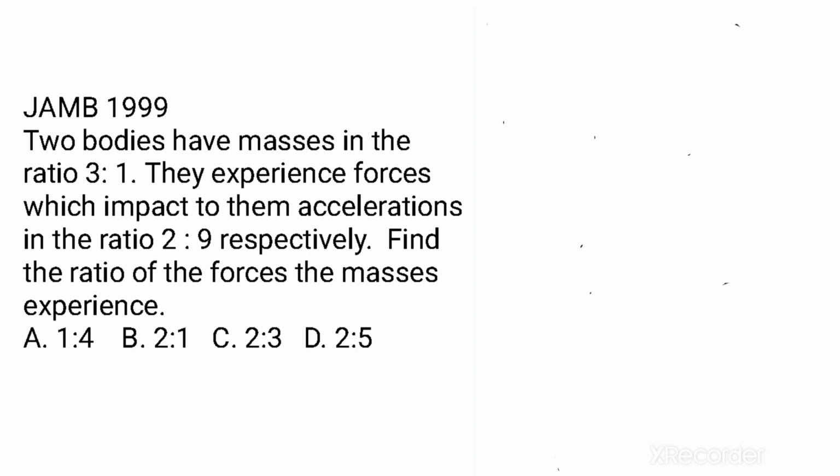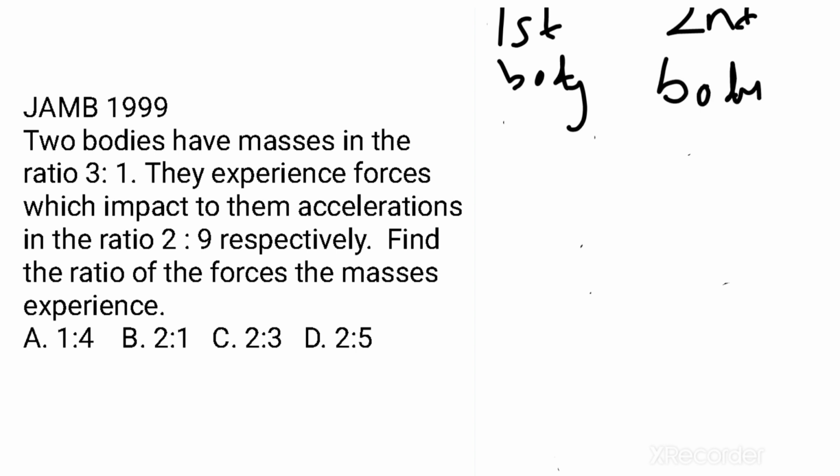So let's look at all the parameters so that we'll know what we are expected to look for. So we have two cases. Let me call this one the first body and call the second one the second body.